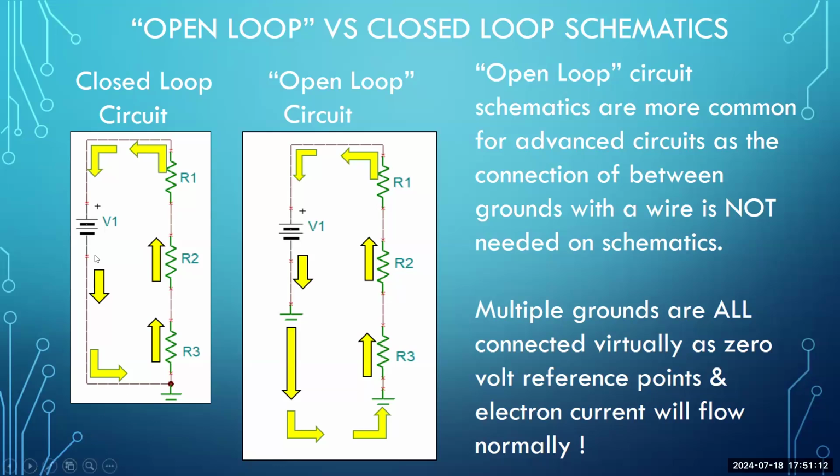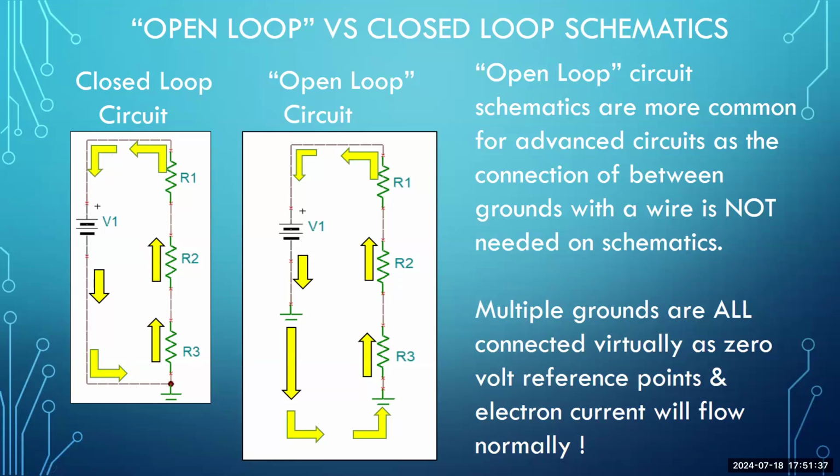And this illustrates the path for electron current flow as it leaves the negative plate of the voltage source, flows down, and makes a right turn at the bottom, and then makes a turn going up through R3 and then R2 and then R1, and making a turn back to the positive side of the source. So electron current model is designed to flow in this fashion.